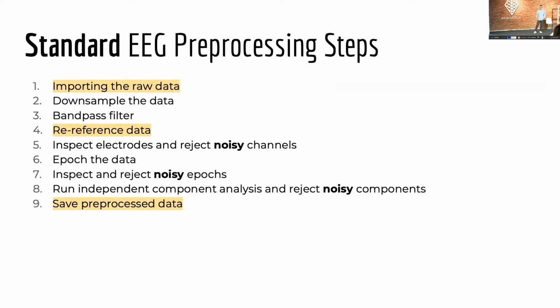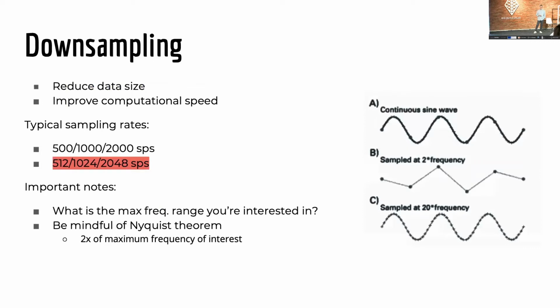All of these measurements have a sampling rate, which is measured in hertz or SPS, samples per second. The reason why you want to do downsampling is that you want to reduce your data size, because maybe you recorded your data at a very high sampling rate, but then you don't really need it at such a high sampling rate.